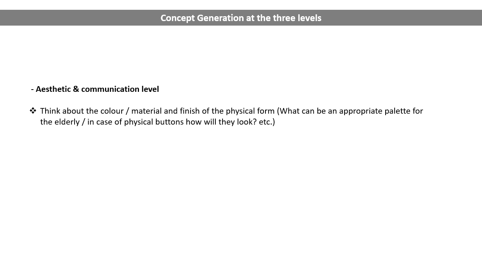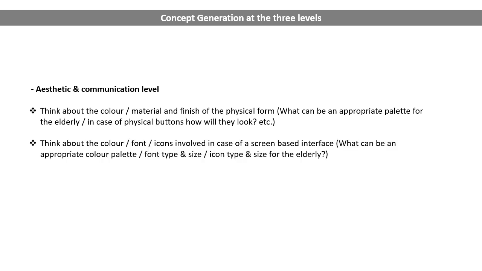You have to fix the appropriate color palette for the product body, and also the appropriate color palettes, font type and size, and icon type and size, if there is any screen-based interface involved. These are the initial ideation and concept generation steps, which I guess all the groups have most probably done.